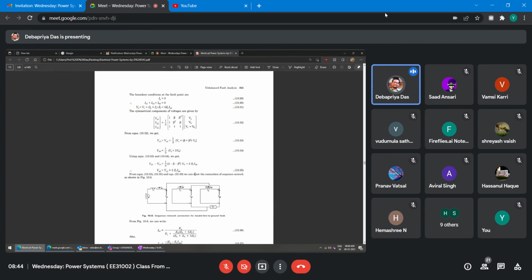And looking at this equation or looking at the fault point, you have to connect the positive, negative, and zero sequence, because fault studies is one of the important topics in electrical engineering. When they make it, they first look into the fault things. If any fault happens, those things are not taught in your power system course.